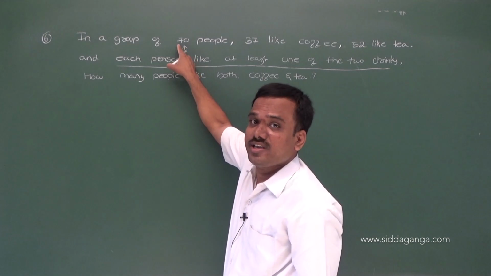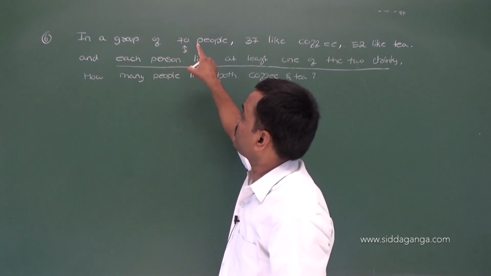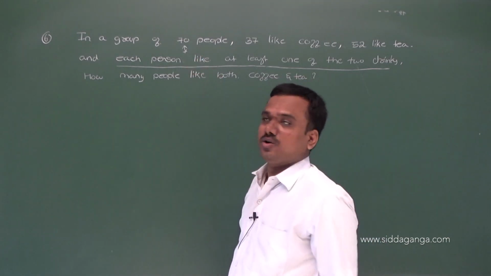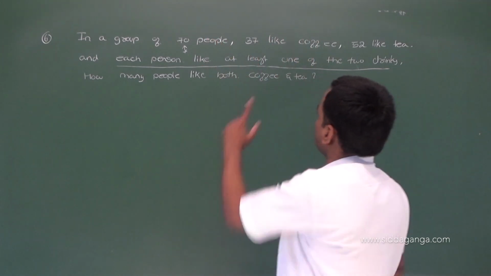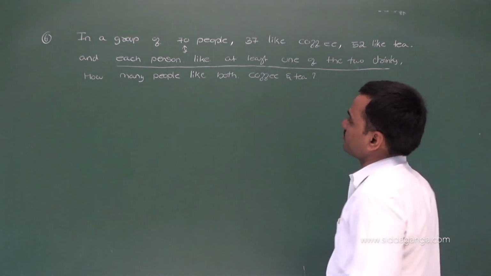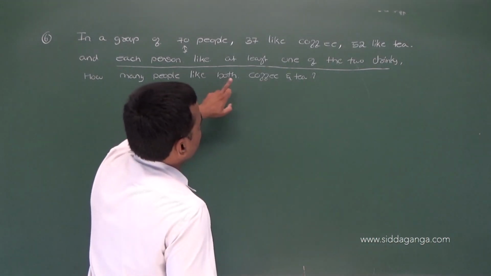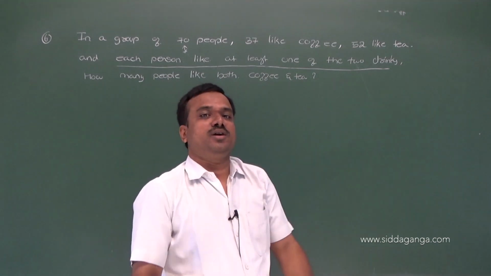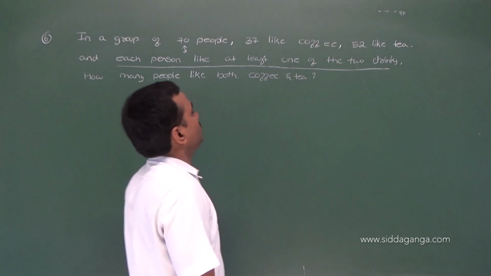This 70 is the total number of elements of the union of coffee and tea. Correct? Okay. So n of coffee is 37, n of tea is 52. What he asks: how many people like both coffee and tea? Both coffee and tea means union or intersection? Intersection.